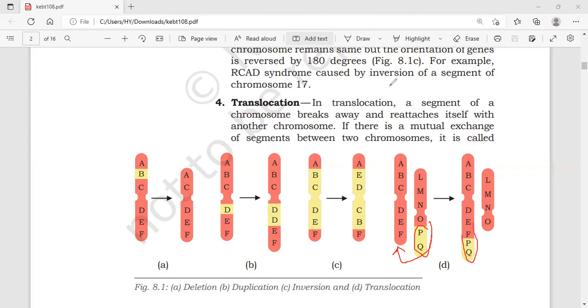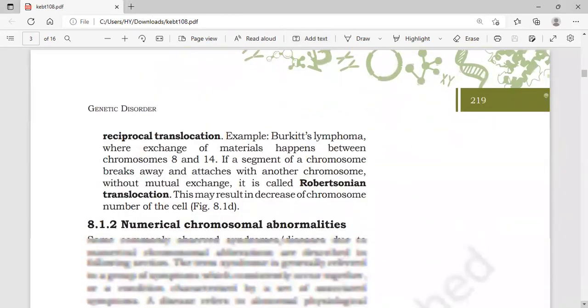By all four diagrams, we understood deletion occurring in the first example, duplication in the second, inversion in the third, and translocation in the fourth. With this, we have understood these types of shifts in the chromosome.